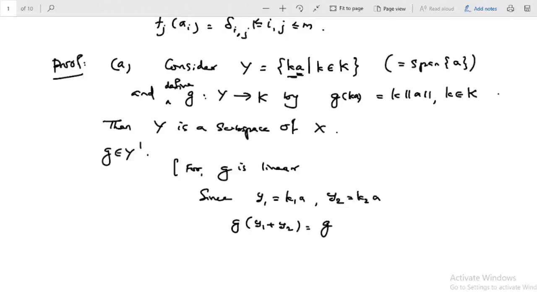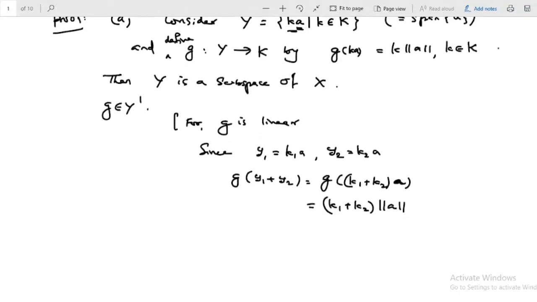Since k1a plus k2a is (k1 plus k2) into a, which is now of the form scalar into a, therefore it is (k1 plus k2) into norm a.